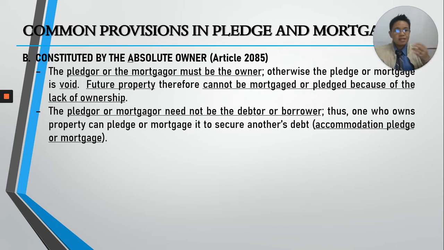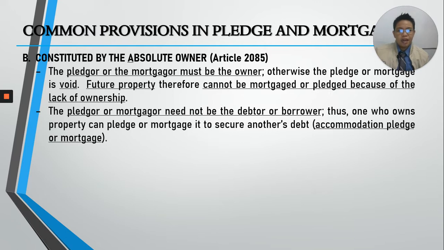So, siya yung nagsangla. Siya yung third person na mabait na nagsangla ng property niya para sa kapakanan ng debtor. So, yun namang debtor here will now be known as your accommodated pledger. Yan. So, yun ang tawag sa kanya. Yung iba, ginagawa nilang kumpleto, accommodated debtor-pledger.